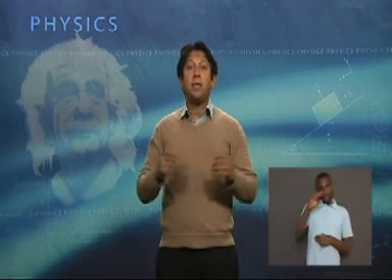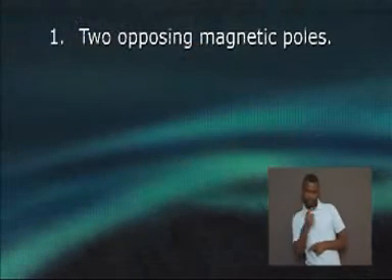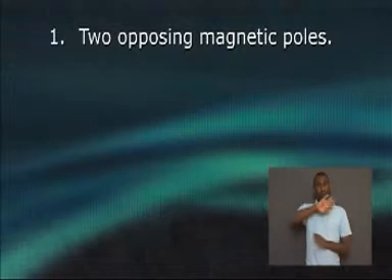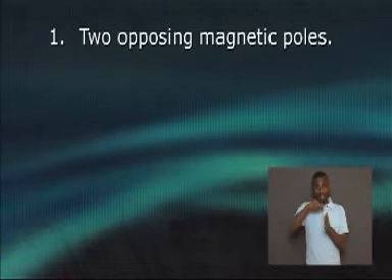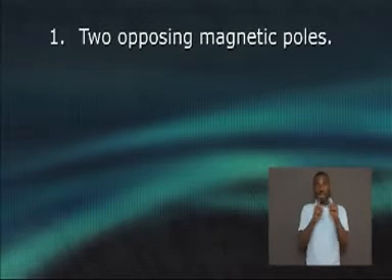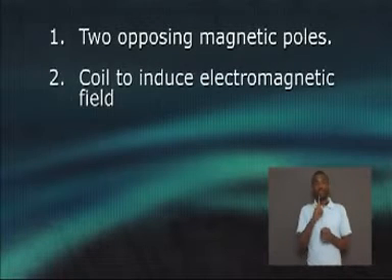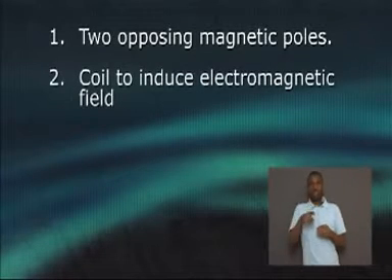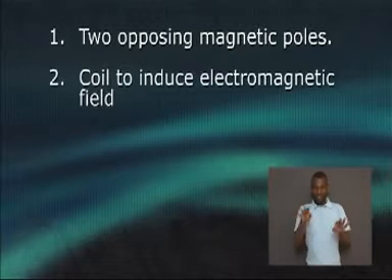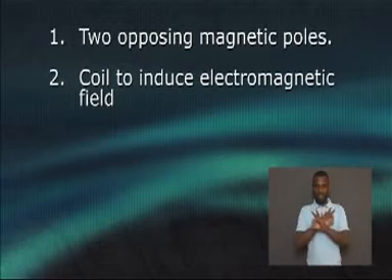Welcome back, students. Let us review the components of an AC generator and see if our answers are the same. All alternating current generators require two opposing magnetic poles to generate a magnetic field. We also need an armature or coil inside this magnetic field so that we may induce an electromagnetic field.